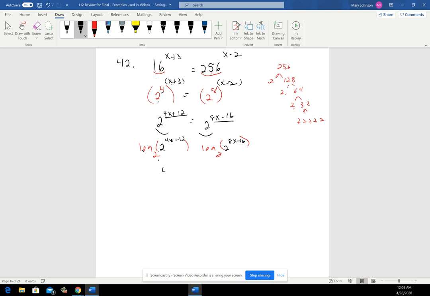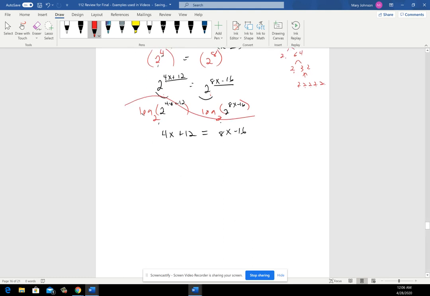So these undo each other, and these undo each other, and so we get to the point where the exponents are equal. The explanation typically just leaves that step out. If these two bases are the same and you've got an equal sign between them, you know that the exponents have to be equal, right? And then I think you can finish up.